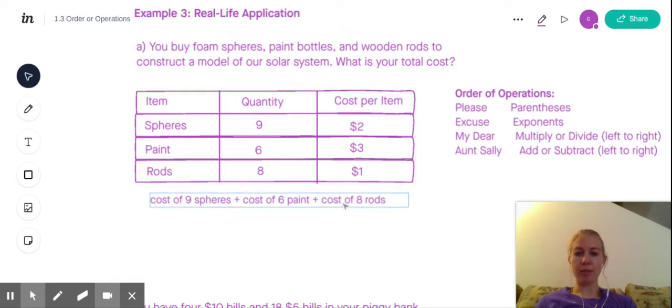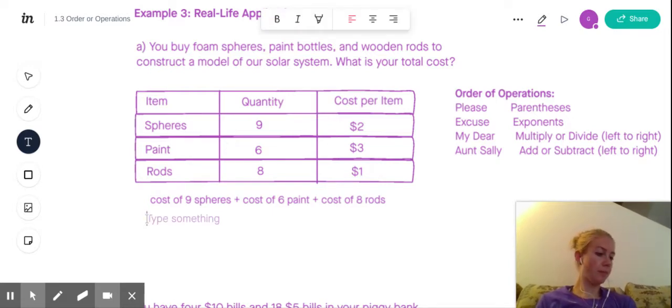Now let's add some more numbers because we know what the cost of all these items are if we look up in our table. So the cost of 9 spheres, so the quantity is 9 times the cost of each sphere, which is $2.